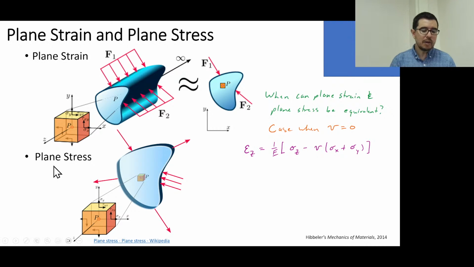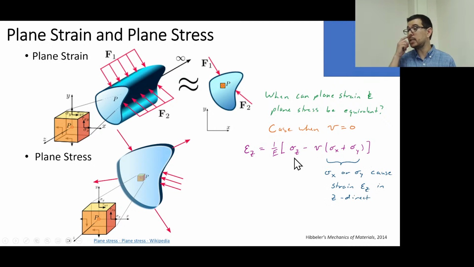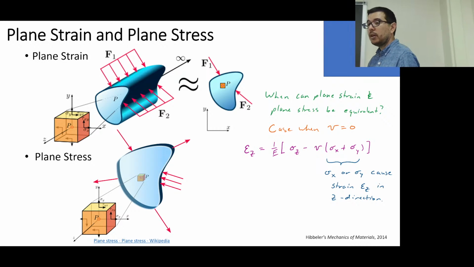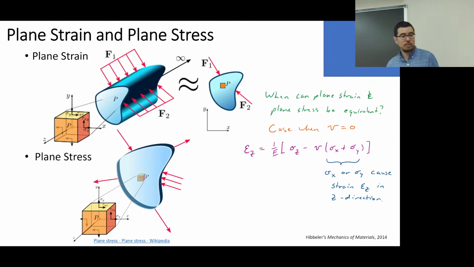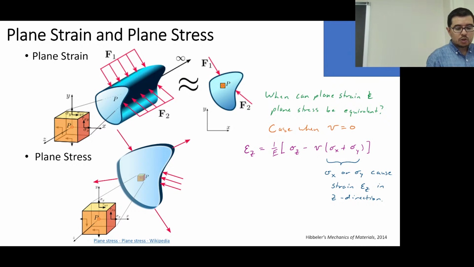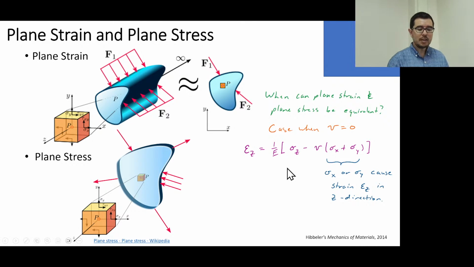When the Poisson ratio is equal to 0, look what we get. This term disappears, and we just get epsilon z is about equal to 1 over E times sigma z, which is the first Hooke's law that we introduced for axial loading. So this is a case when plane strain and plane stress could be equivalent.